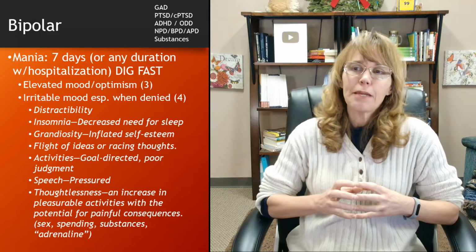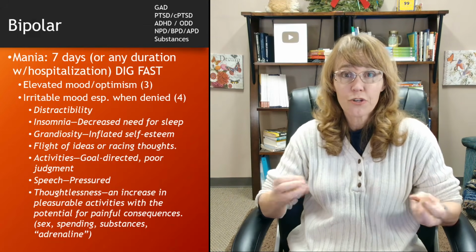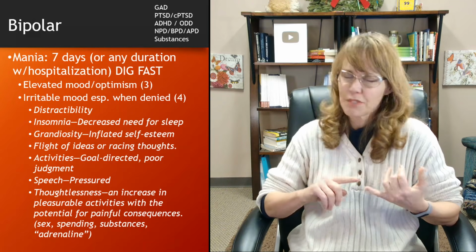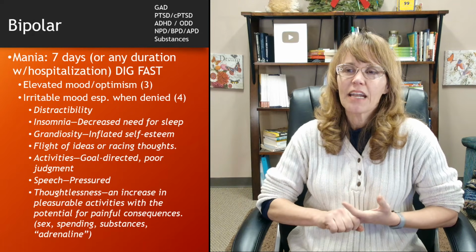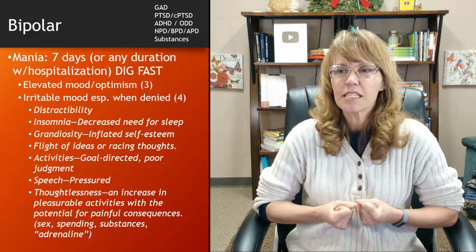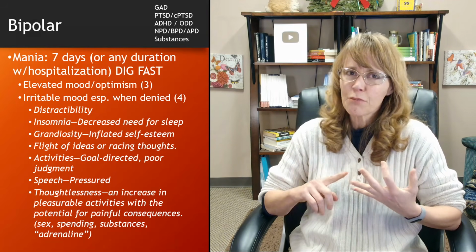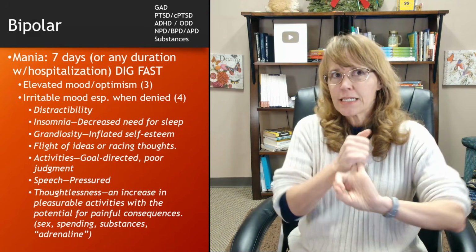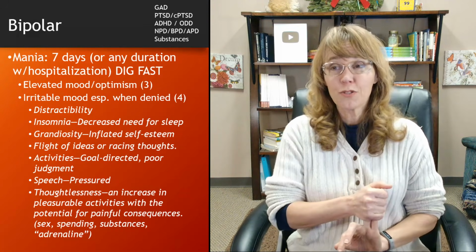NPD, BPD, and APD, these are some of your cluster B personality disorders: narcissistic, borderline, and antisocial. And what we really want to look at here is what are the symptoms, and impulsivity and mood lability are the main commonalities between personality disorders and bipolar disorder.